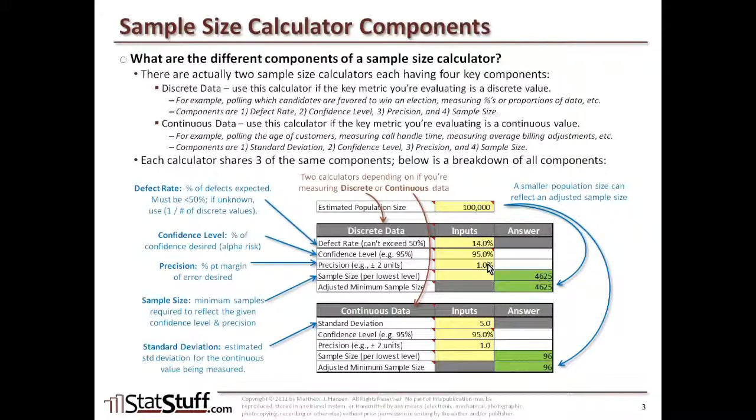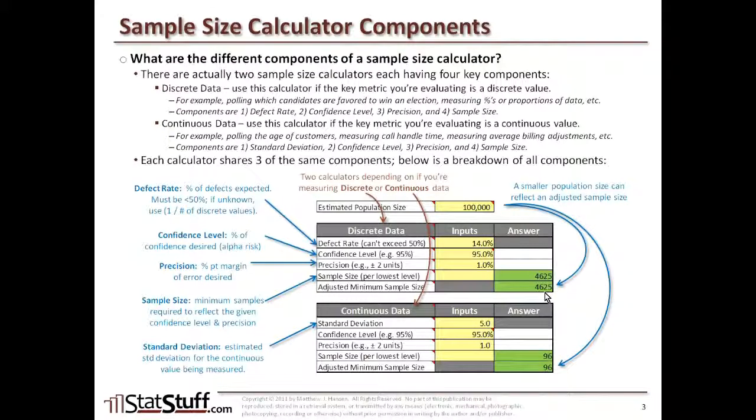However, if your population happens to be really small, if it's a much smaller population than this example of 100,000, let's say you have a population of only 4,000. Well, if you have a population of 4,000, you obviously have a lot fewer in your population than the samples you're required to collect. So what this will do is adjust downward to something smaller than what your population is to get a reasonable level.